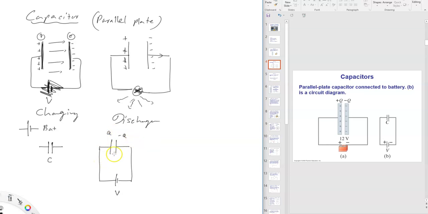Now the charge on the capacitor we say is Q. Now we know that this side is all negatively charged, this side is all positively charged. So the positive plate has charge of Q, the negative plate has a charge of negative Q. When we add them together, Q plus negative Q, you can say it's 0. But we don't do that. We don't explain it that way. We just say that the charge on the capacitor is just Q, right?